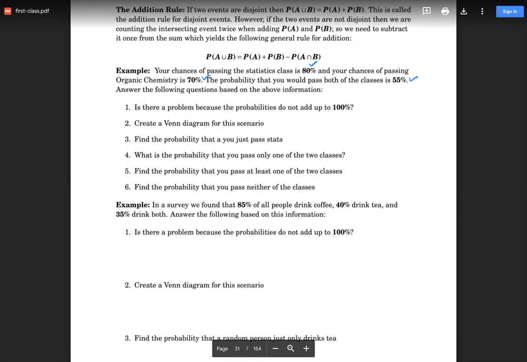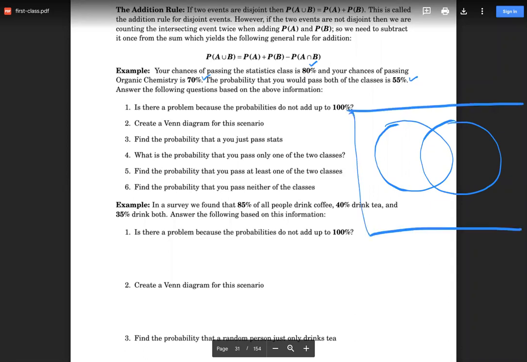Let me draw a diagram that will help you. This is not proportionate. So we are in the universal set U, okay?